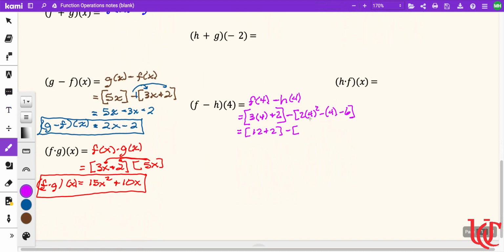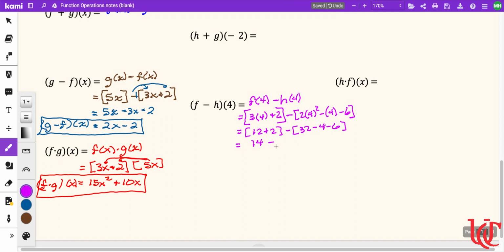So I have to do order of operations. 4 squared is 16. 16 times 2 is 32. So that is 32 minus 4 minus 6. My first bracket is 12 plus 2 is 14. And then I have minus, and this is all numbers, so I don't have to distribute that negative.